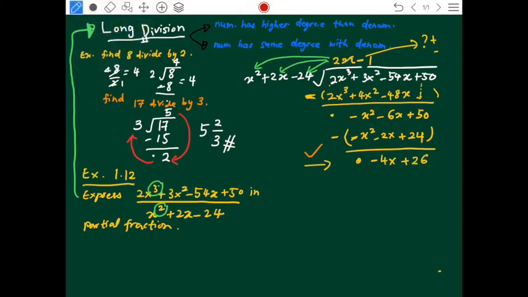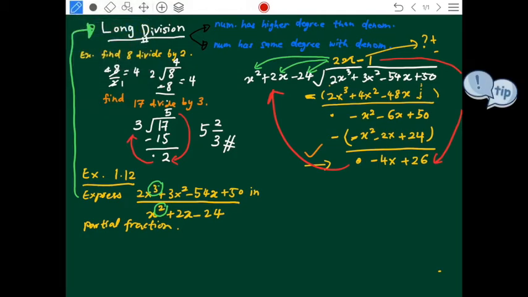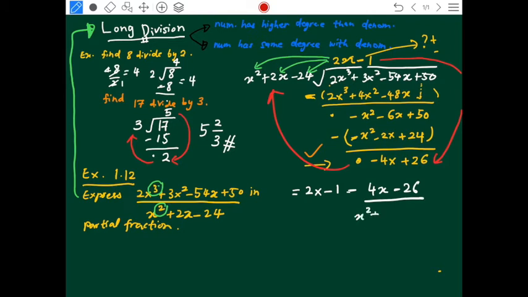Again, you need to write down your final answer in the fraction form. It will become 2x minus 1 minus, 4x, because I put minus here, so this will become minus 26 over x squared plus 2x minus 24.